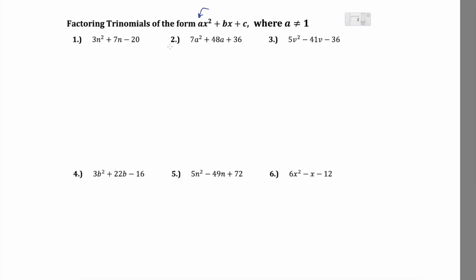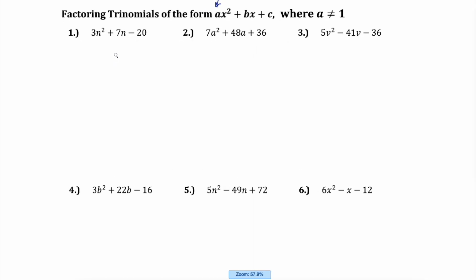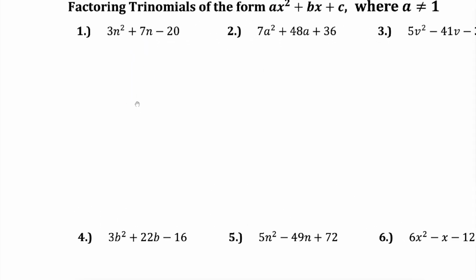So let's take a look at number 1 for this one. I've got 3n squared plus 7n minus 20.